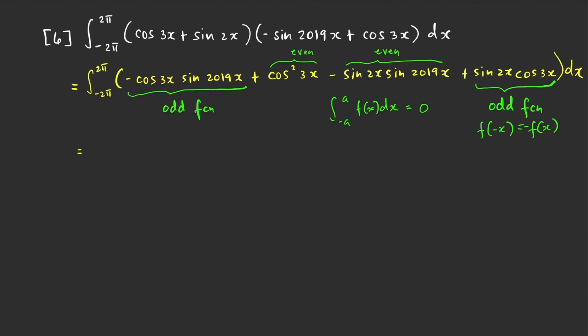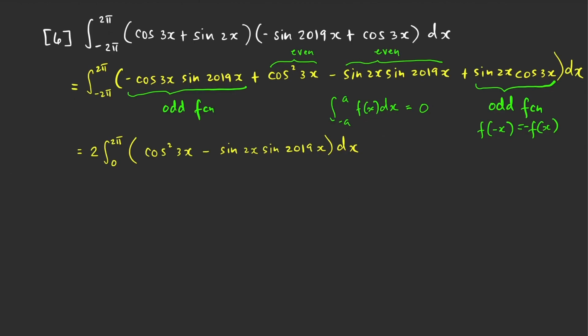So I can write this down here as 2 times the integral from 0 to 2 pi instead of negative 2 pi to 2 pi, of cosine squared 3x minus sine 2x sine of 2019x dx. I think you can already evaluate this one if you know your identities.